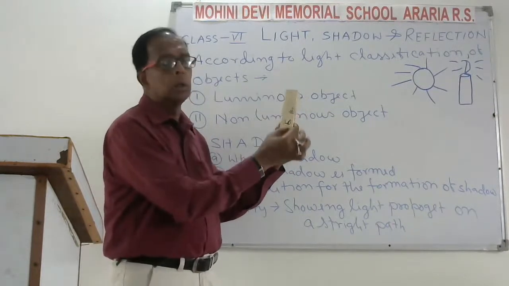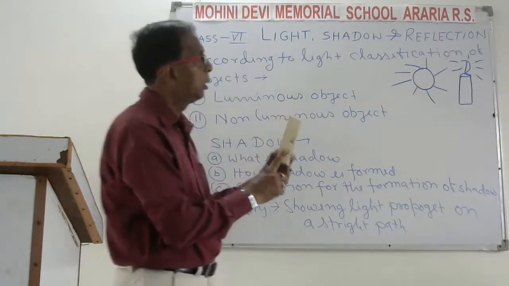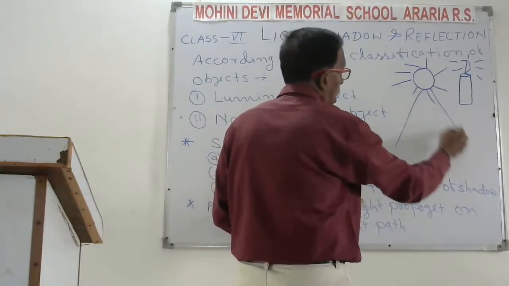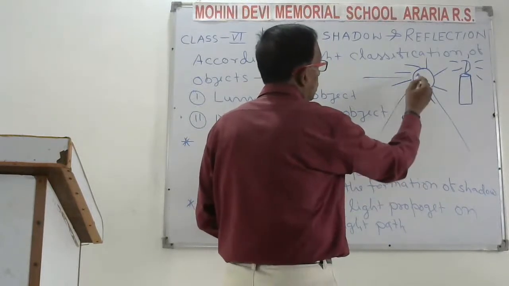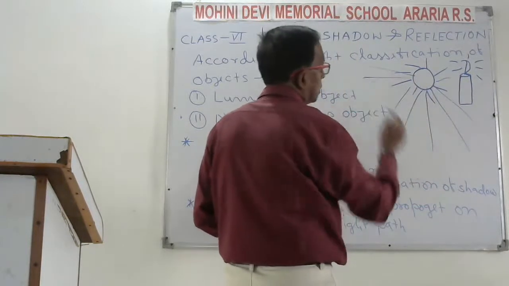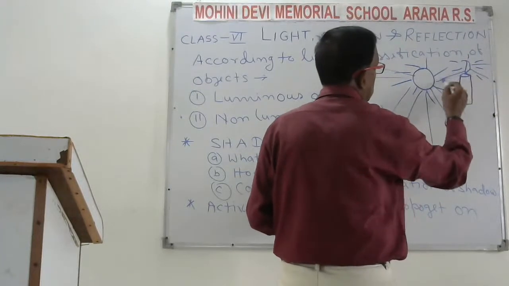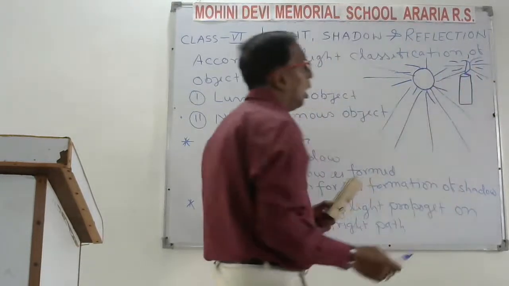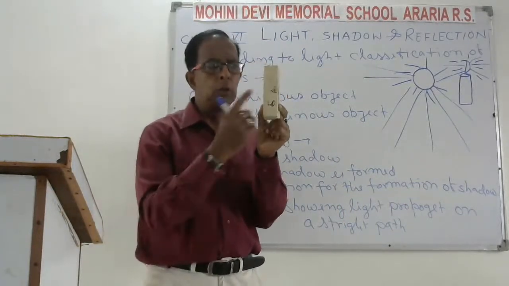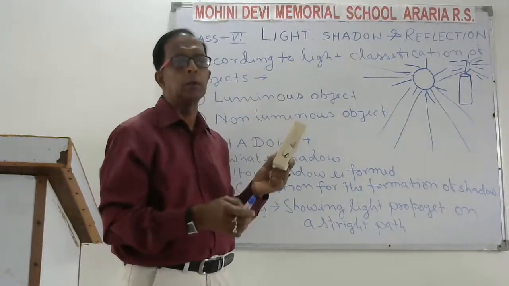Light rays does not come from this object, whereas from sun, the light rays are coming to the earth, up to earth, and goes so many places in the universe. Like this, the candle is also emitting light which reaches to our eye and on our books and other materials. But this duster is not emitting light. It has not its own light.